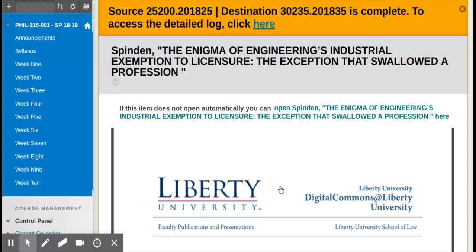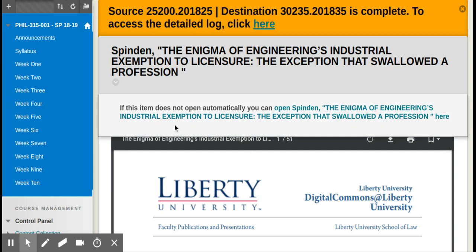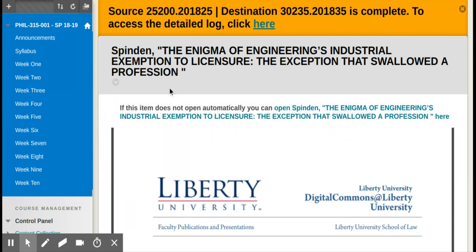That is an interesting argument, and Spindon thinks it's an inadequate argument because it doesn't really protect the public. It just means that somebody with deep pockets is able to pay once the damage has been done. Right? Extremely interesting and important article, I think, if we're interested in the idea of engineering as a profession.